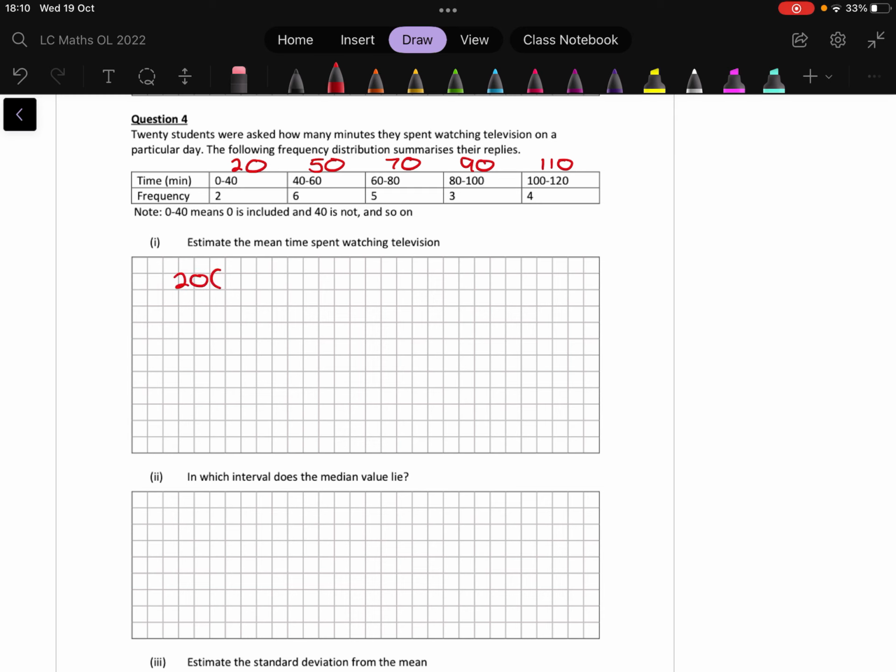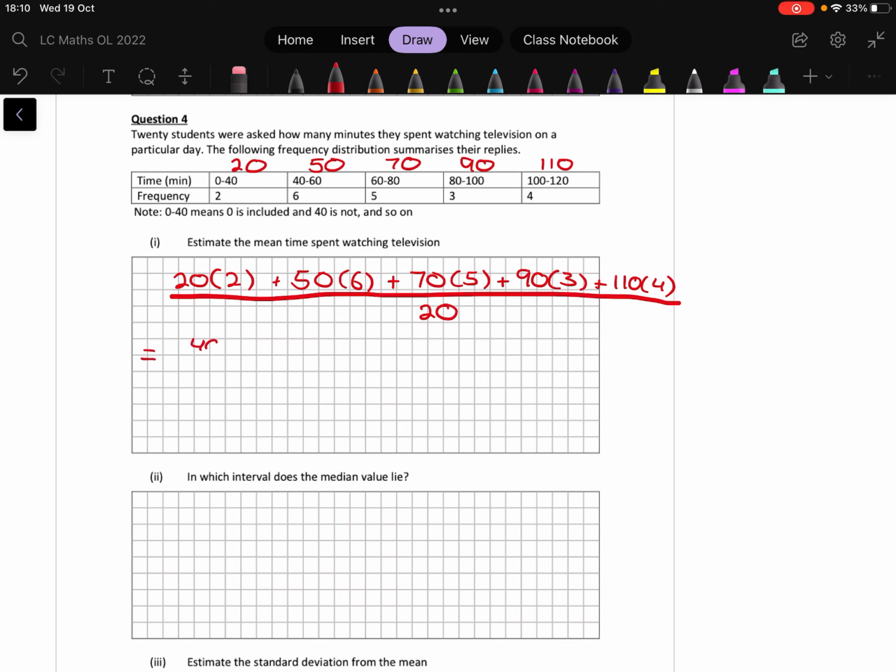Then in working out the mean, we take each of those mid-interval values in turn and multiply them by the frequency with which they appeared. So again, we're using these mid-interval values because we can't just take a full group interval, because that wouldn't actually give us an accurate answer.